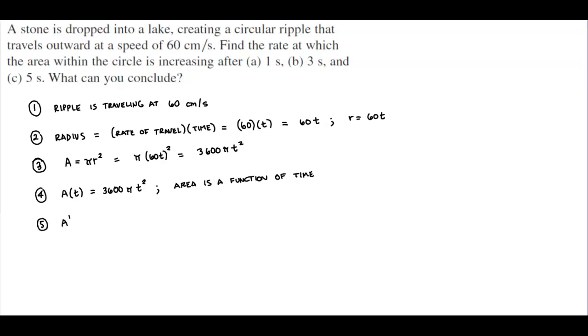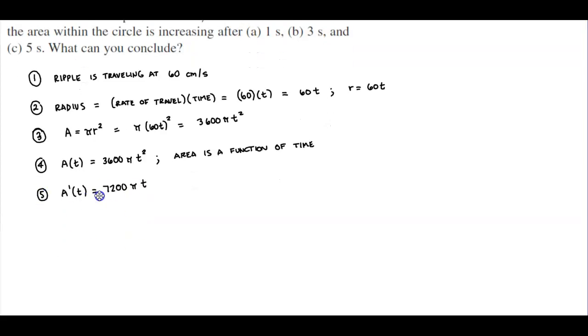So we have to find the derivative of this area as a function of time. So A prime of t is going to equal 2 times 3600, which becomes 7200 pi t. So now that we have our derivative, we can find the rate at 1 second.